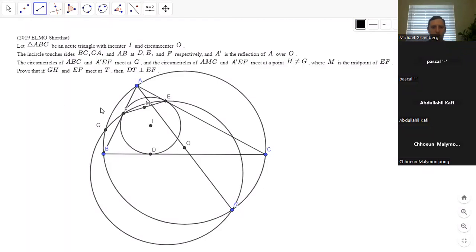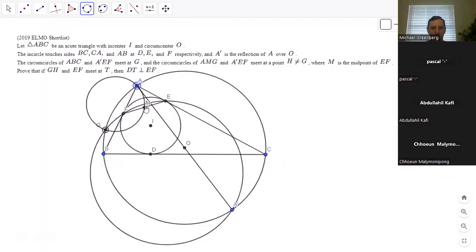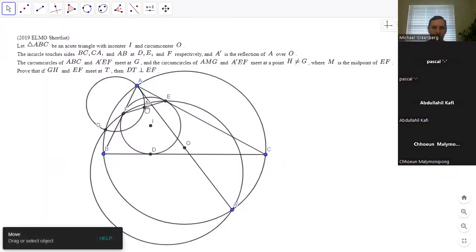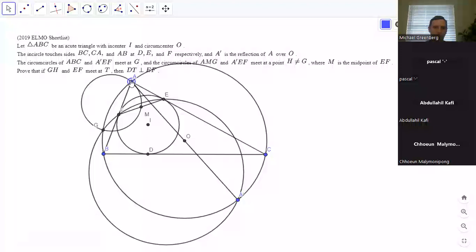So these circles meet at a point H, AMG and A prime EF. What am I doing here? Okay, so this point right here is H.